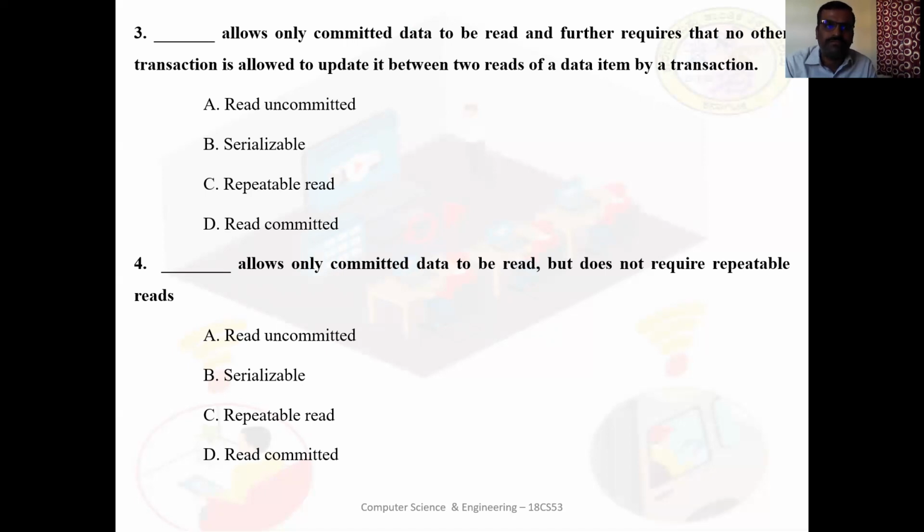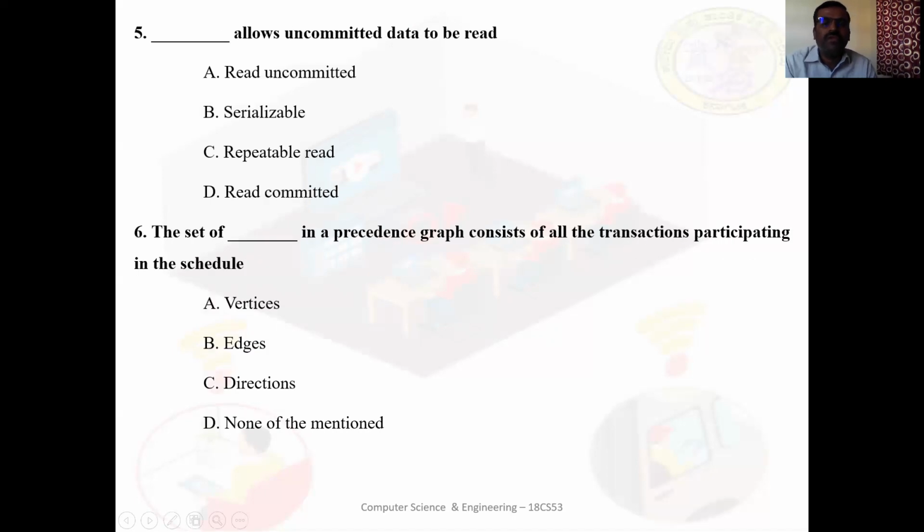Next question. Dash allows the uncommitted data to be read. Read uncommitted, serializable, repeatable read, read committed. Answer is A, read uncommitted. Sixth one.